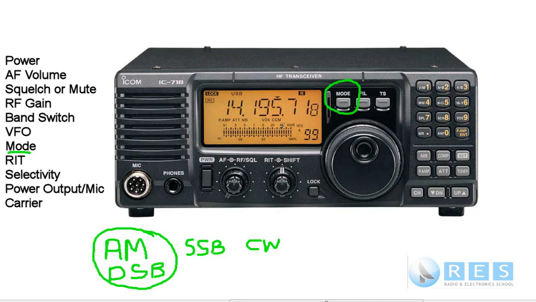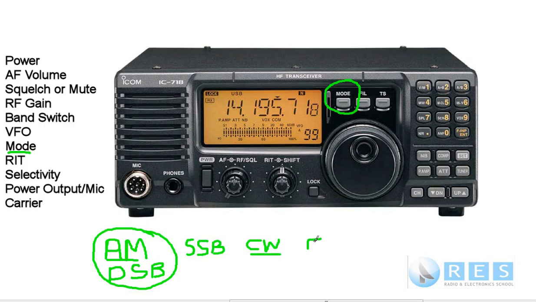Just one thing about the mode switch, if you're going to measure power, you need to choose a mode that has a carrier. And the modes that have a carrier that are on the slide are AM or CW.